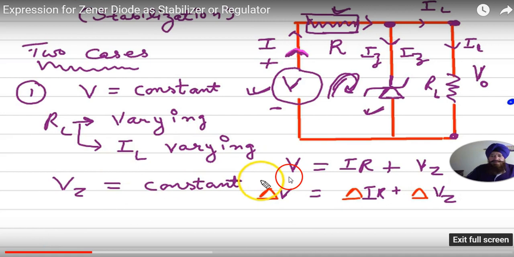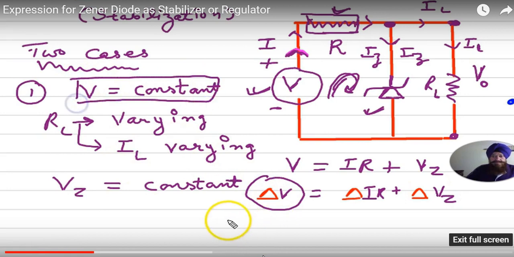Now the next step is we are taking the change. Delta is attached to every term: delta V, delta IR, delta Vz. Delta means change. Now because V is constant, we assume that in the first case there is no change in V, which means delta V equals 0.